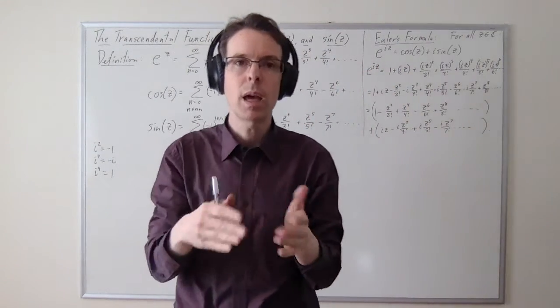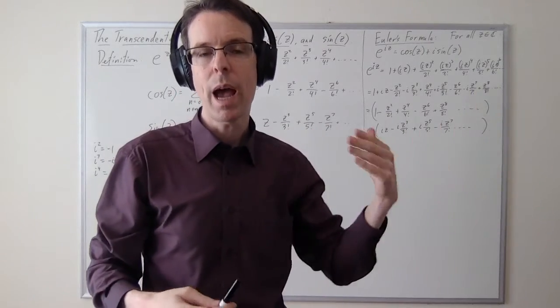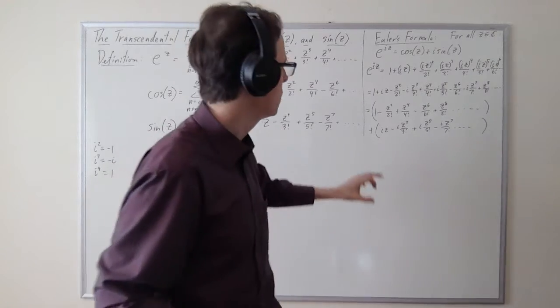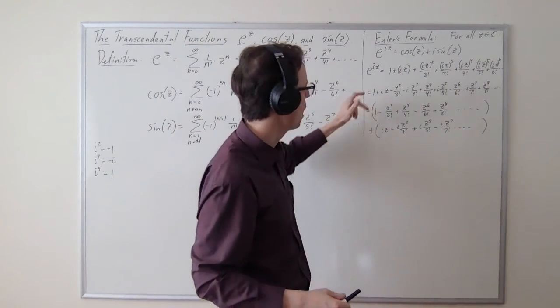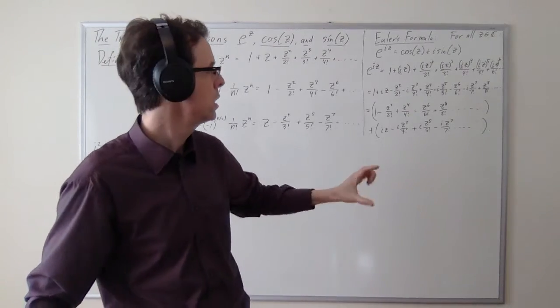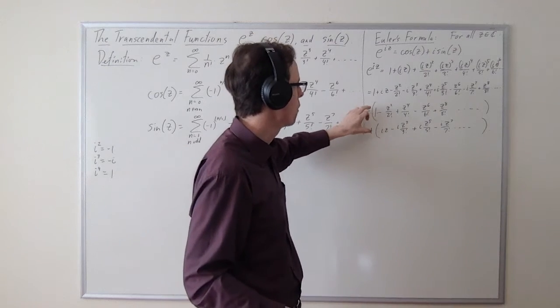We've added the an plus bn in each case. Now it doesn't matter that bn is 0 in half the cases and an is 0 in half the cases, and so the addition was really easy. This is still an instance of the term-by-term addition of two different power series to give the combined power series. And so that's the justification for this.